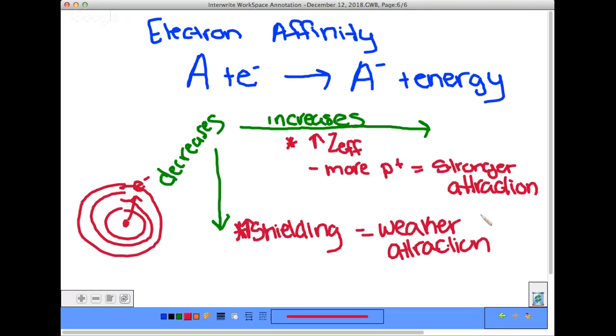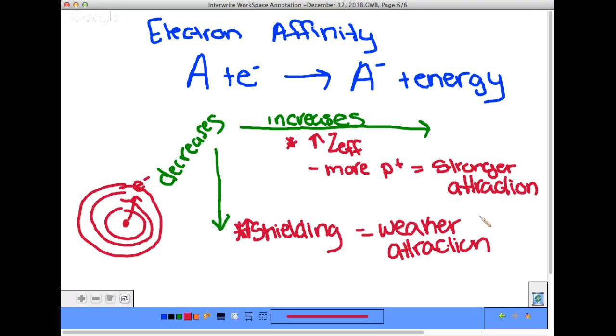And if we have a weaker attraction, that means that we're going to have a lower electron affinity, that it doesn't want that. And when you think of the word affinity, it's a strong, what's the word? To have an affinity for something is to have a strong want to have it. So like I have an affinity to drink coffee every morning. I really like to drink coffee.